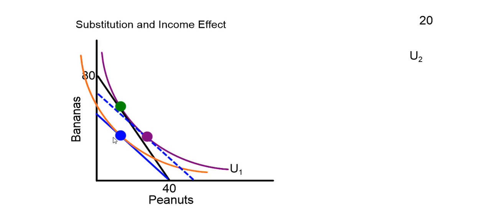So if we keep our peanut purchase the same as we were originally, it means we obviously are going to buy fewer bananas with this new price. So it means our buying power is lower. So this new budget constraint and the new indifference curve here show us the income effect, and it shows that her buying power and real income goes down.